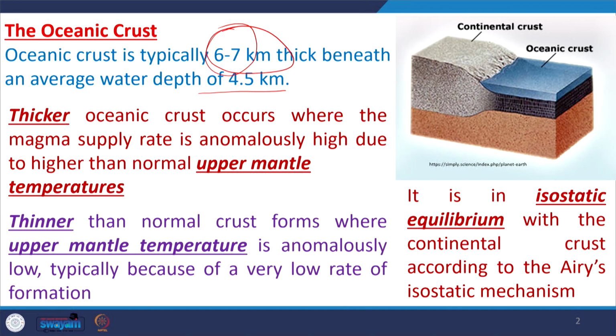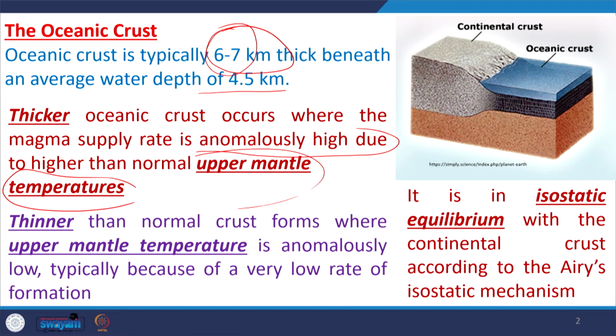Similarly, those areas which are characterized by anomalously high upper mantle temperature represent magmatic eruption and magmatic creation in the upper mantle system.